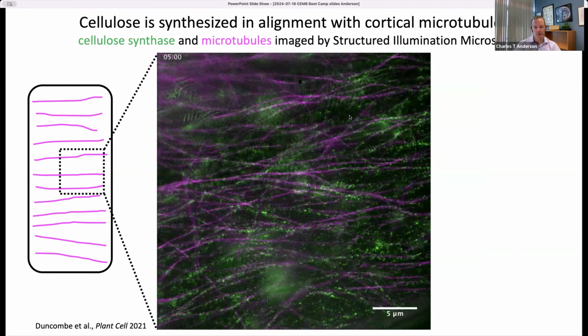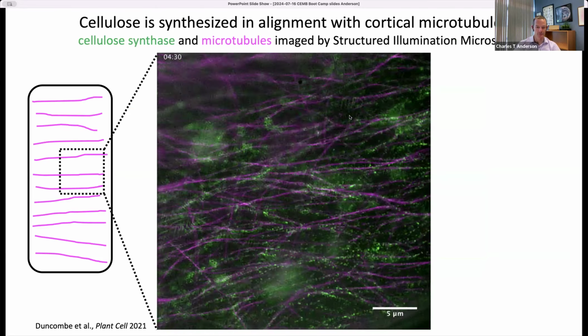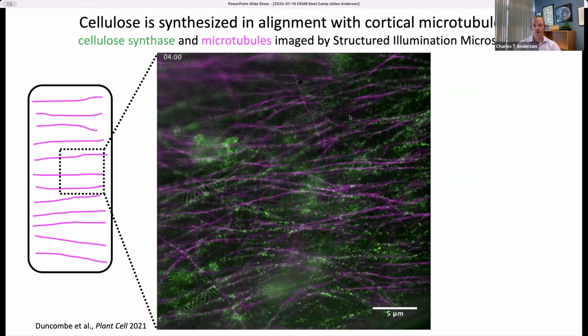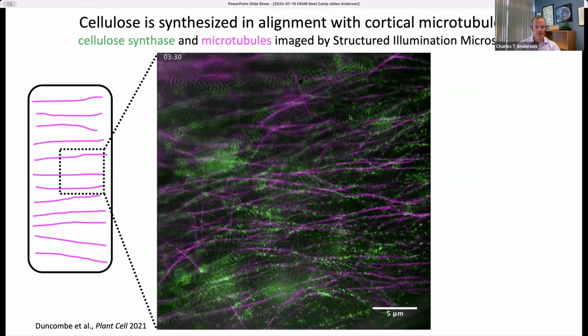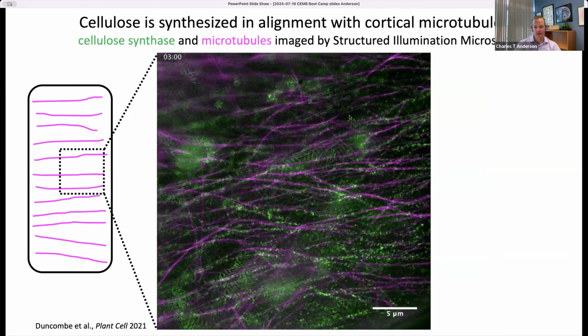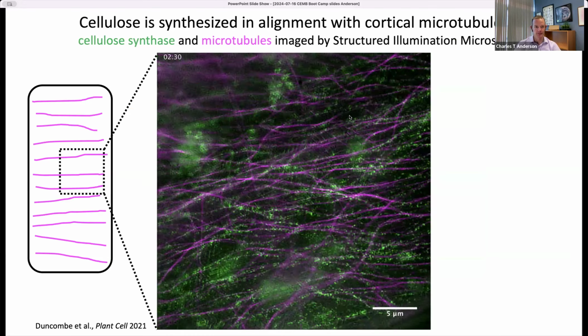Okay, so one of the most exciting processes, and really one of the most abundant metabolic processes on the face of the planet, because cellulose is the most abundant biomolecule in nature, is the process of cellulose synthesis.